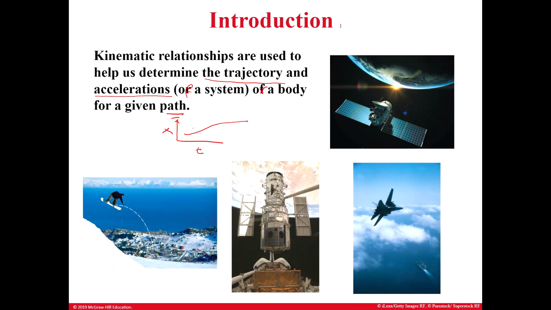The velocity is derived from the position, and the acceleration is derived from the velocity. So kinematics is used to determine the trajectory and acceleration of a system. Obviously this system has a constant mass. Forces can change and accelerations can change, but mass is the same. So the satellite is going to have constant mass, this system will have constant mass, this space station and this airplane will have constant mass.